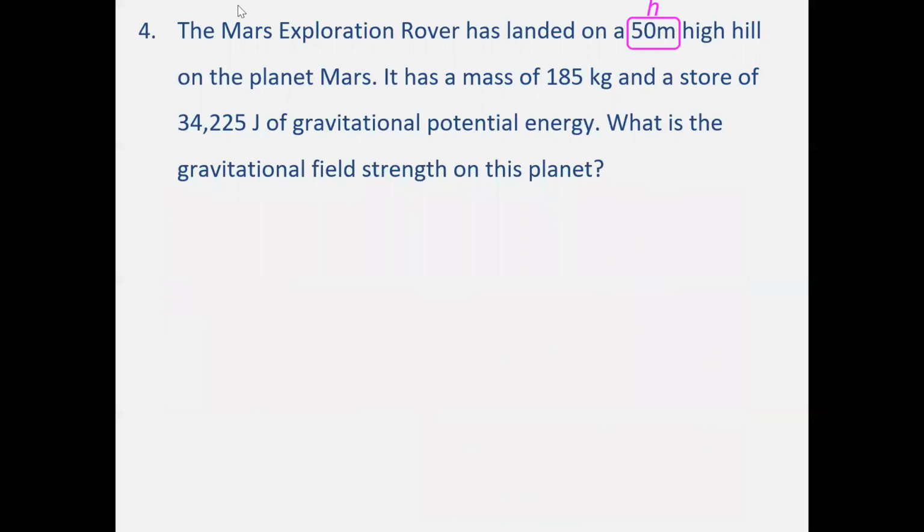So your equation has to be rearranged. Again, you've been given 50 meters in height, a mass of 185 kilograms, and a gravitational potential energy store of 34,225 joules.